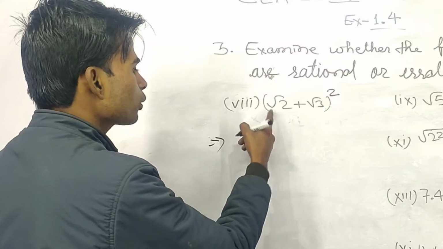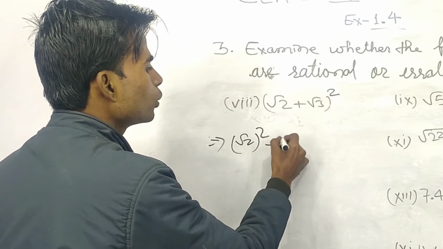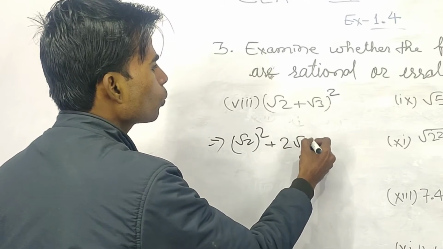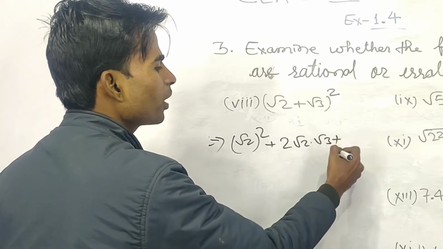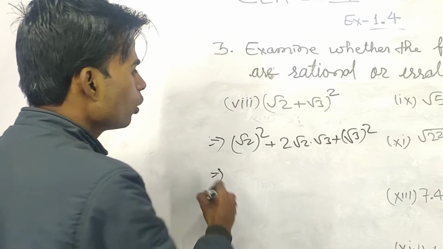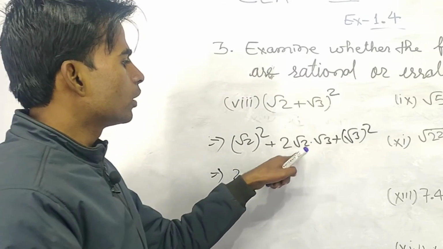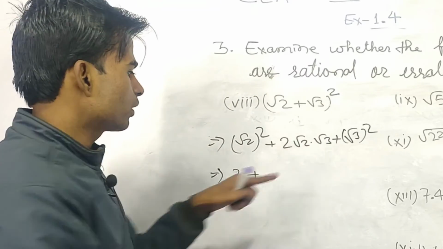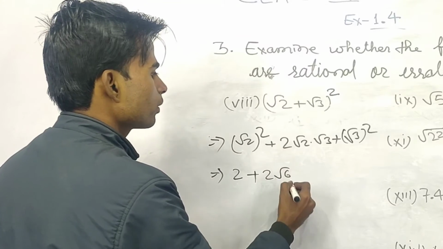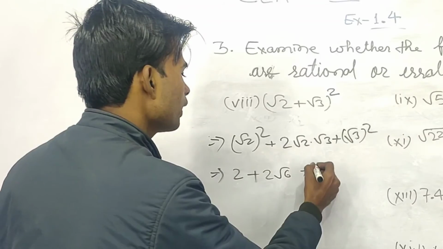Here will be a square, that means root 2 square, plus 2ab, 2 root 2 root 3, plus b square, root 3 square. Now root 2 square is 2, plus 2 root 6, plus root 3 whole square, 3.